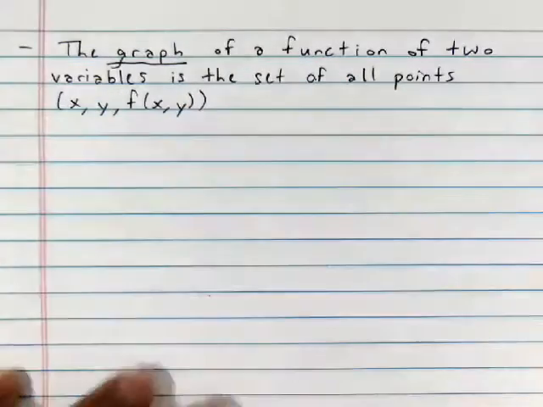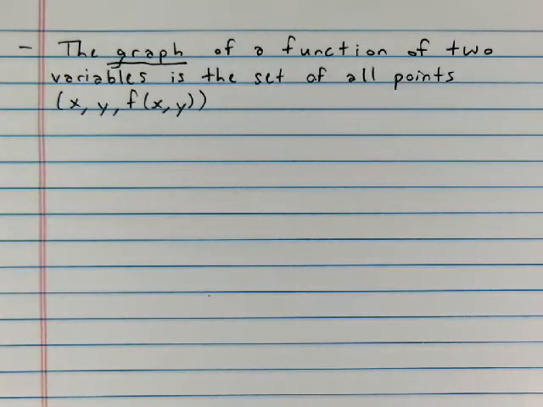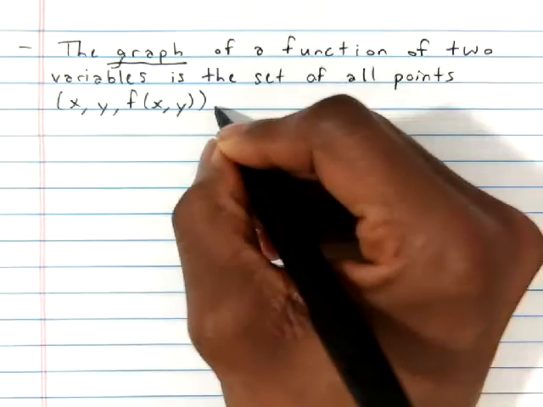So the graph is just what you all have always thought of the graph as being. It's the picture of the actual function, whatever you visually see if you were to sketch the function.